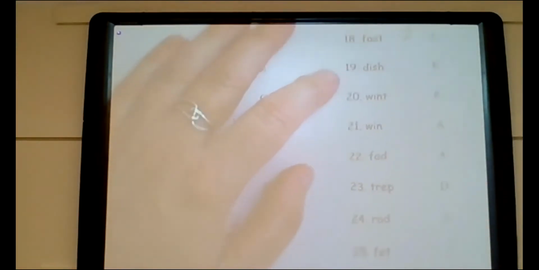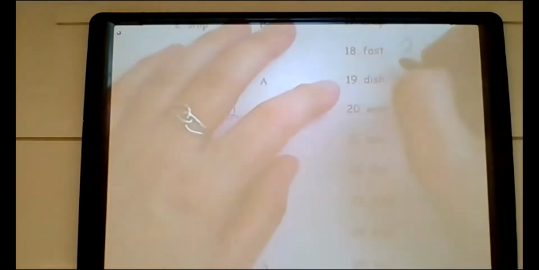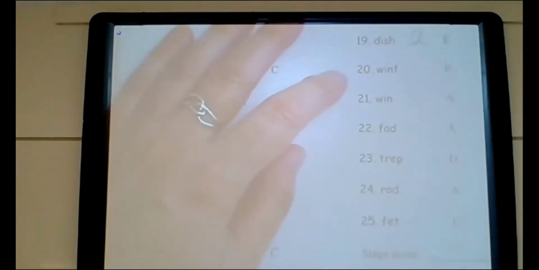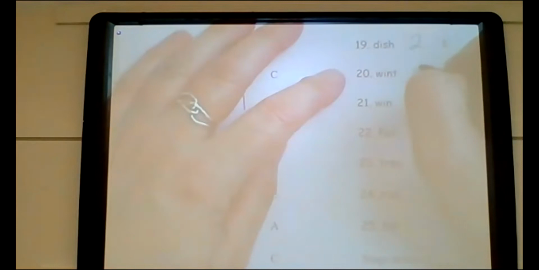Number 19 is dish, and he has the underlying feature correct and the whole word correct, so he gets a 2. Number 20 is went. He has the underlying feature, the NT, that nasal, which Kathy Gonski calls an ending blend. But he doesn't have the vowel sound, so he has a 1.